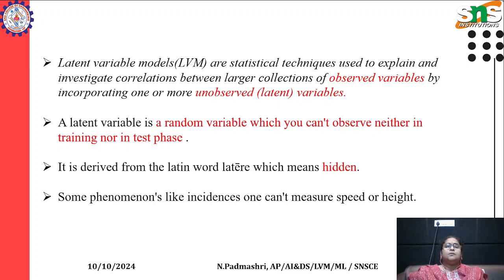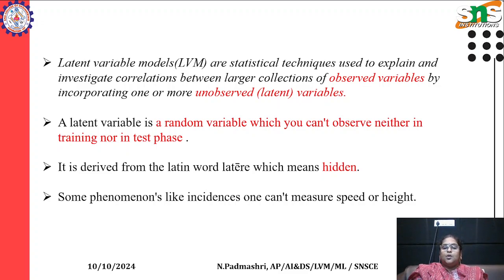These things we cannot observe. That is a latent variable, also called an unobserved variable. A latent variable is a random variable which you cannot observe, neither in the training nor in the test phase. It is derived from the Latin word latere, which means hidden. So those variables we cannot see; they will be hidden.